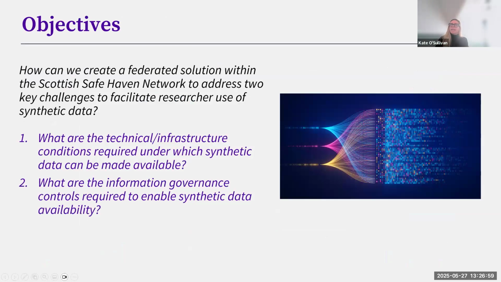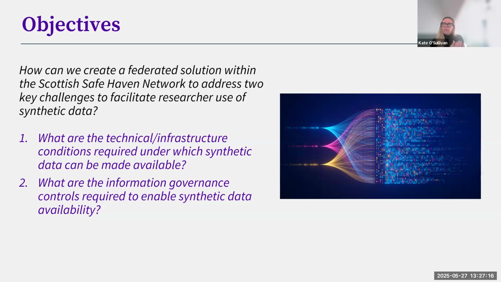So our main two objectives were how we're really thinking about how we can create a federated solution within the Scottish Safe Haven network to address two main challenges that would facilitate researcher access to data.